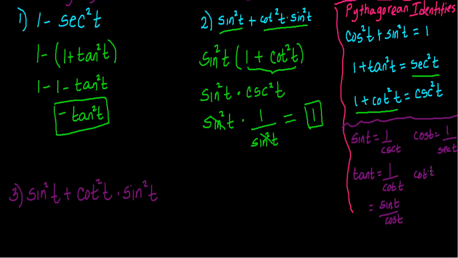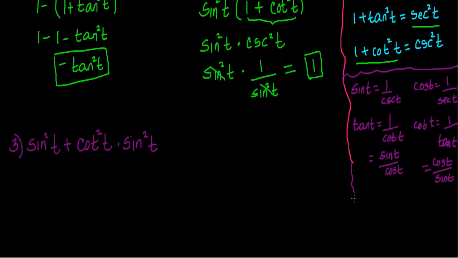And cotangent of t is 1 over tangent of t, and it also equals cosine of t over sine of t. Cosecant of t is 1 over sine of t. And secant of t is 1 over cosine of t. Okay, there you have them.